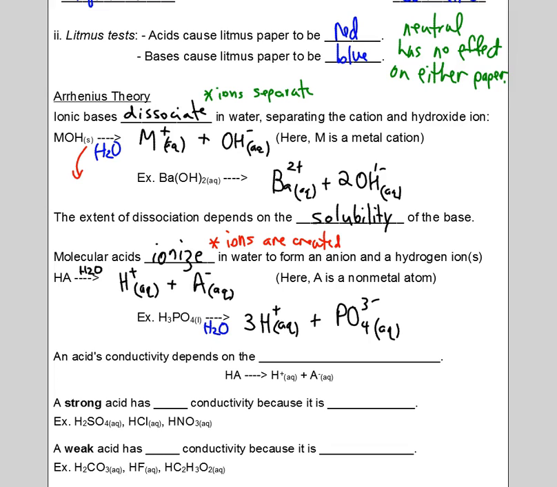Now, speaking of the amount of ions that we get, we could quantify this with the percent ionization or percent dissociation. More commonly for acids, we look at percent ionization. And this is important when we're looking at how strong the acid is.